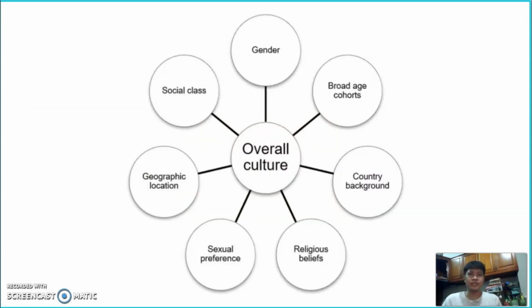Because they have some unique behavior and character, subcultures can be used for market segmentation, become target markets, and be used to develop suitable marketing strategies. Examples include gender, age, country background, religious belief, sexual preference, social class, and geographic location.